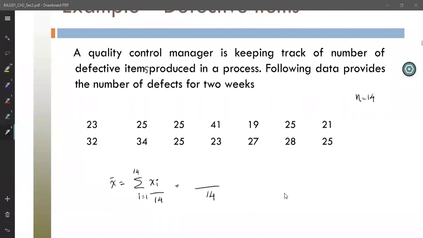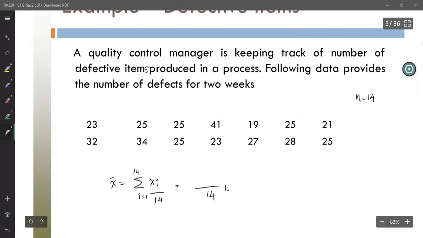Yes, madam. Okay, right. So I think I got the answer for the total. It's 373. 373 is the total.